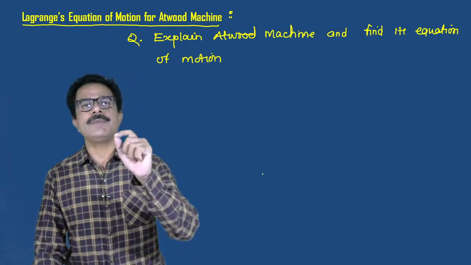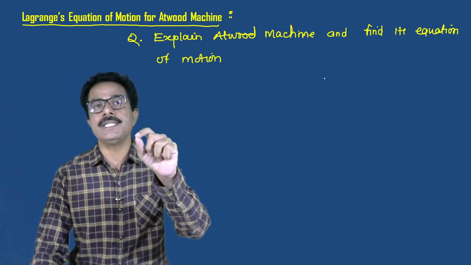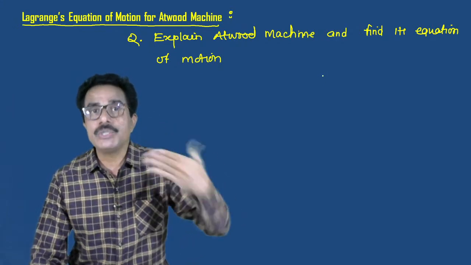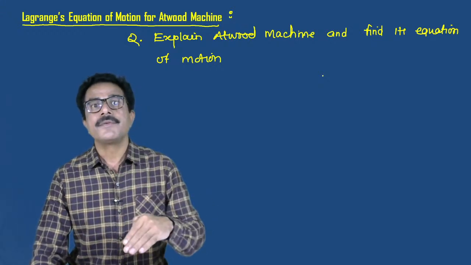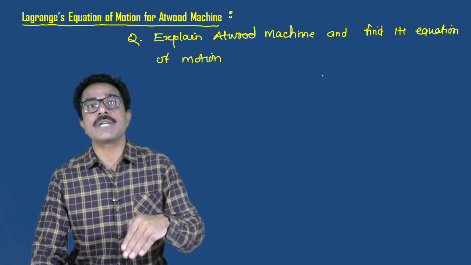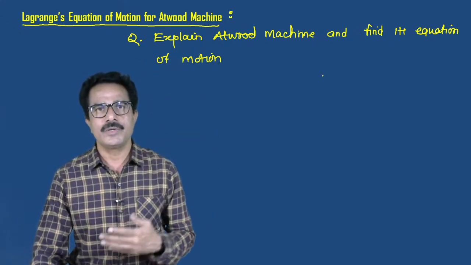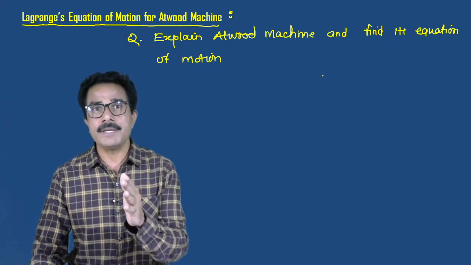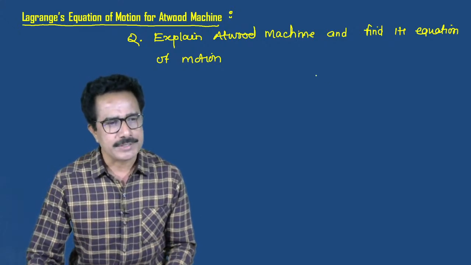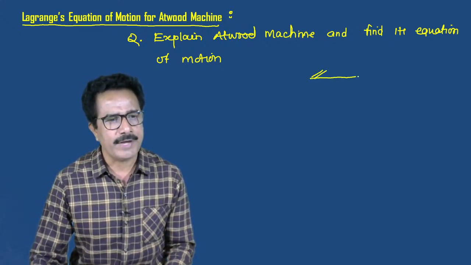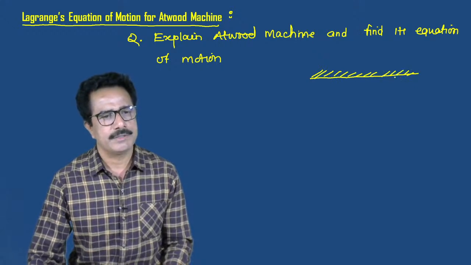Do you know what is meant by Atwood machine? The concept of the Atwood machine is used in the lift, which is used for traveling in upward and downward directions. The principle of a lift is totally based on the Atwood machine. I shall draw this.